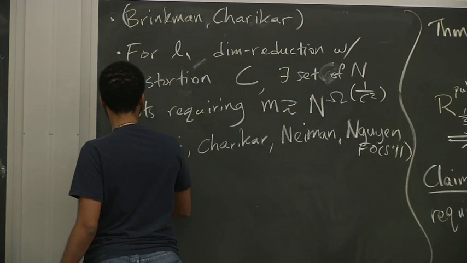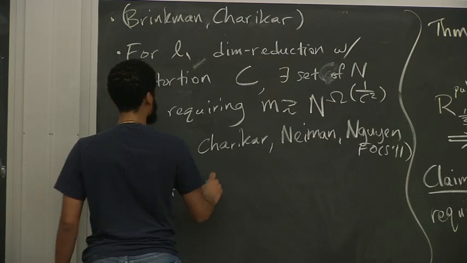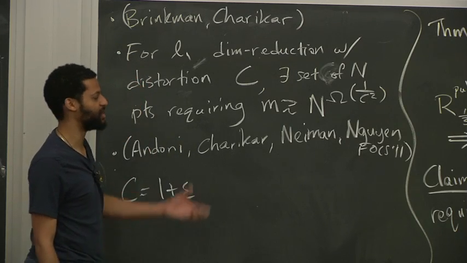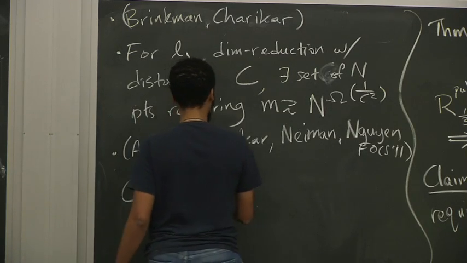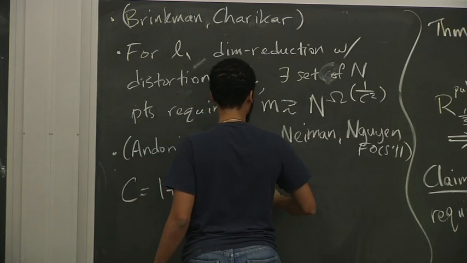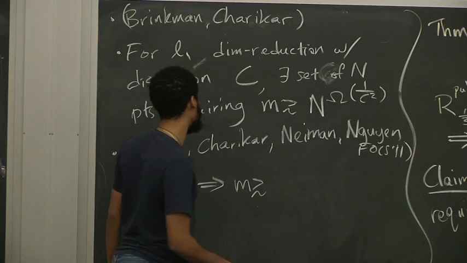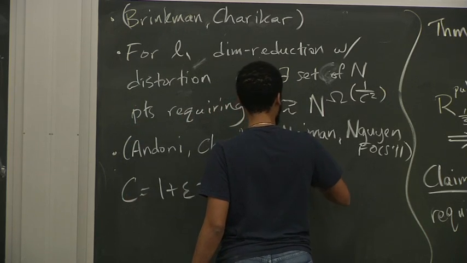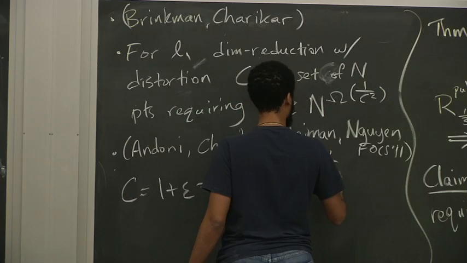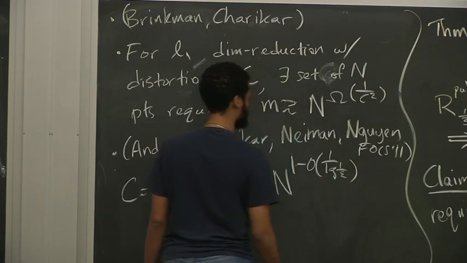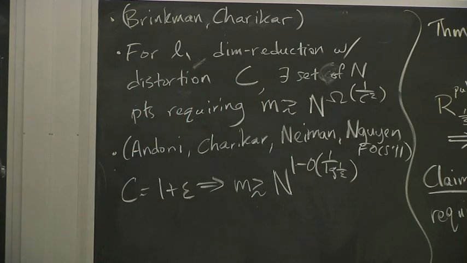That says, if you want distortion, not just a constant, but you want 1 plus epsilon distortion, just like what you're getting in JL, that implies that m has to be at least, there is a set of points such that you can't map to low dimension unless m is at least something like N to the 1 minus O of 1 over log 1 over epsilon. So if epsilon's tiny, this is almost linear. So you can't really do anything, is basically what they're saying.